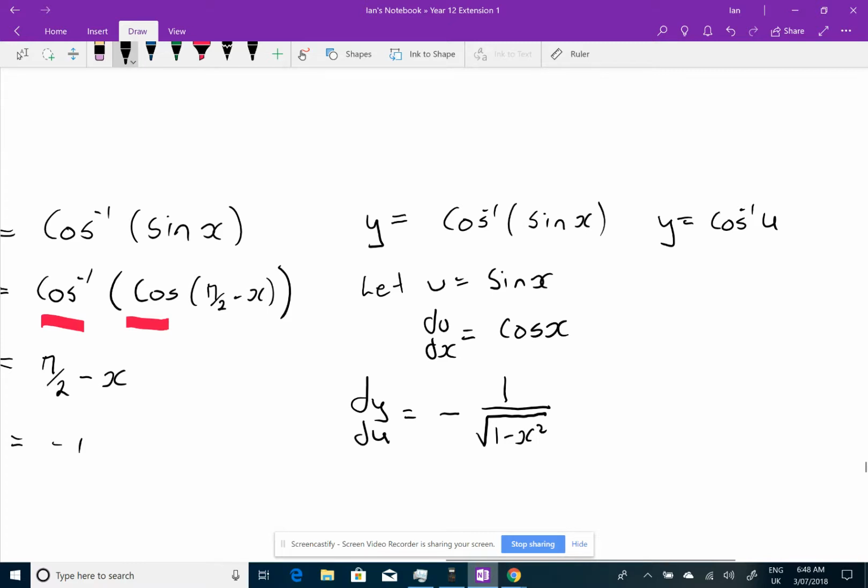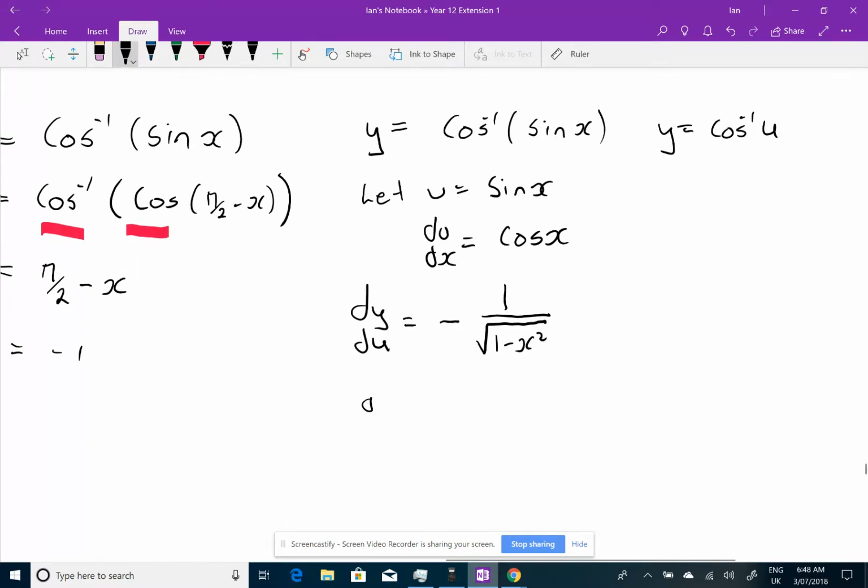Now, we wanted dy/dx. And that equals dy/du, minus 1 over the square root of 1 minus, now I'll put the u back in, sine squared x.